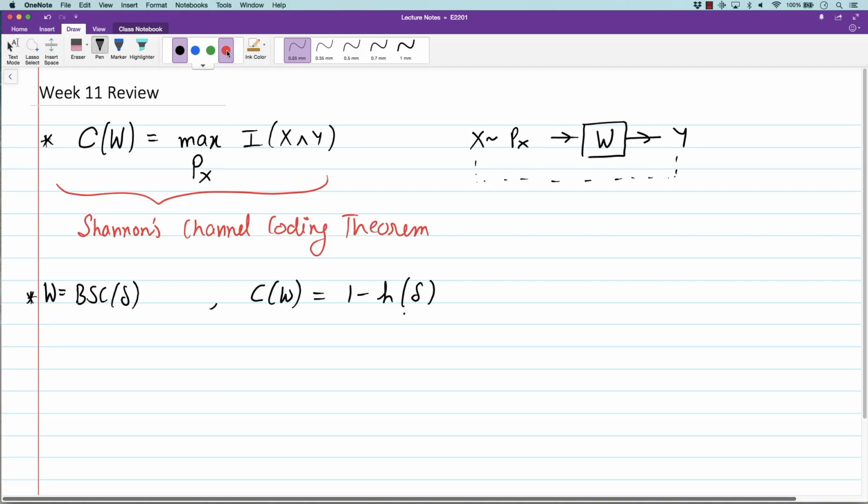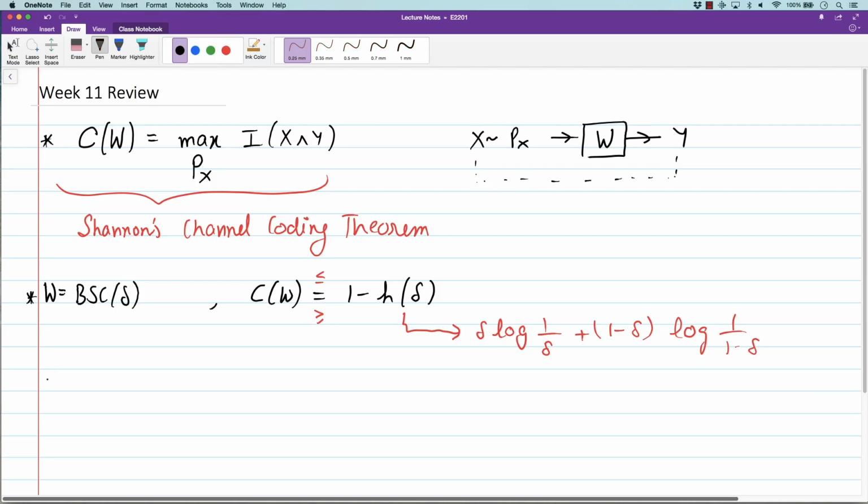So this H is delta log 1 by delta plus 1 minus delta log 1 by 1 minus delta. We obtained a converse result by showing the sphere packing bound, showing the inequality in this direction. And then we gave a scheme using a randomized construction, and that gives the inequality in the other direction. That's how we proved this for the binary symmetric channel.